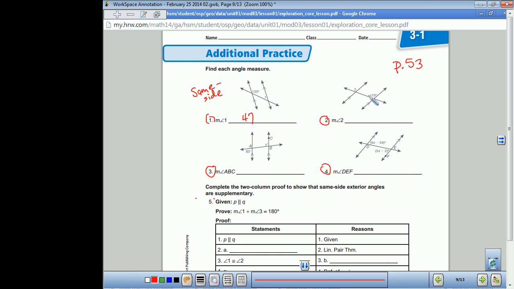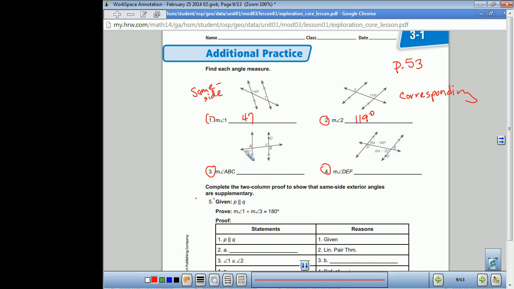All right. How would you classify 2? And this angle marked here is 119 degrees. Corresponding. And are corresponding supplementary or congruent? Congruent. So if this is 119, then this is also 119. All right, now 83 and x really don't have a special relationship.